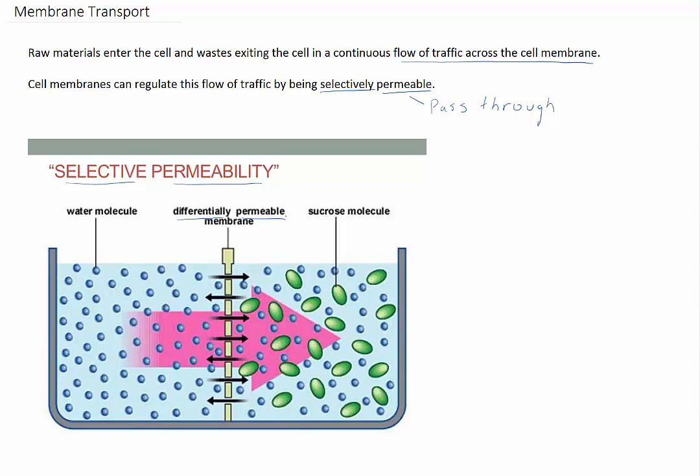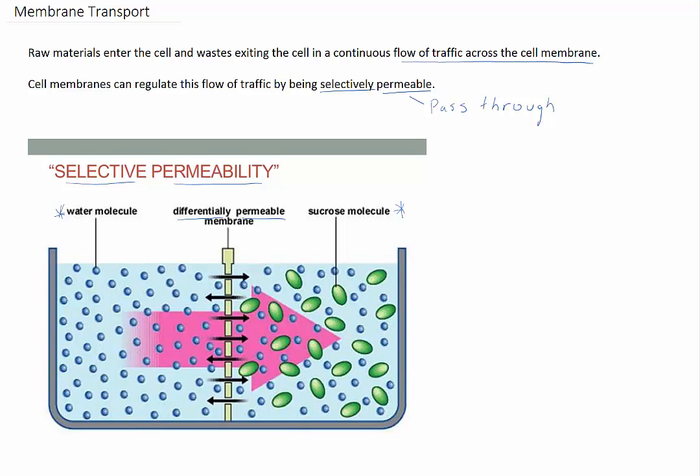Now if you filled that container up with water on both sides of that membrane, so here are the water molecules represented by blue dots, but then on only one side, this right side, you added some sucrose molecules.